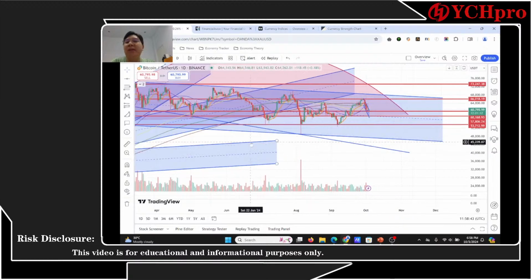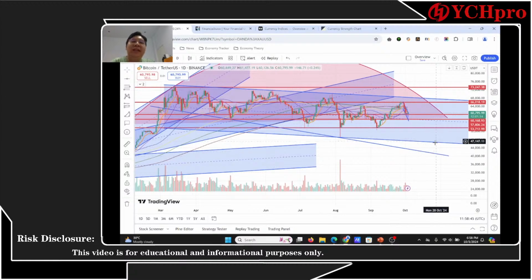So I will be watching that side and be much more certain of the bearishness on the Bitcoin side after it breaks below 53,000 and stays below that price. Okay, perfect.